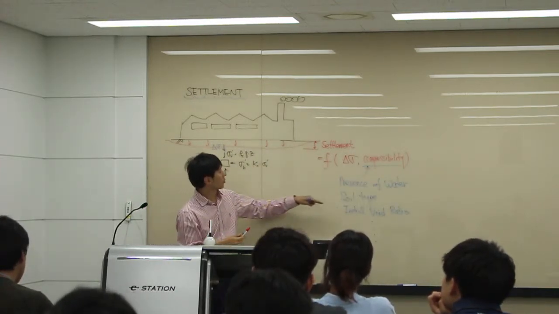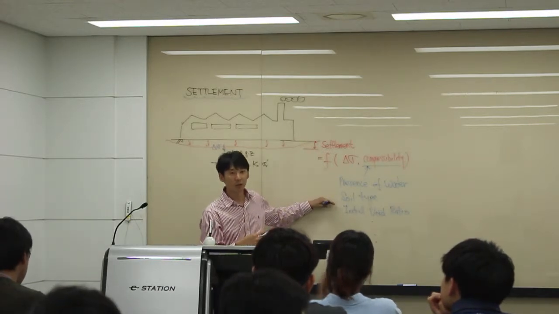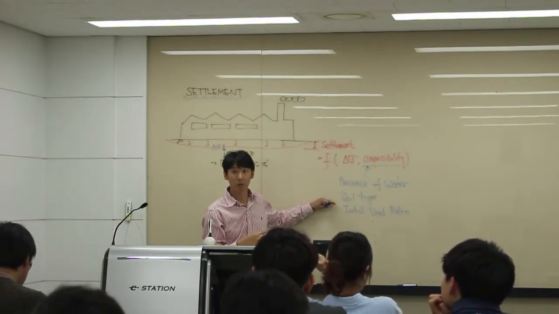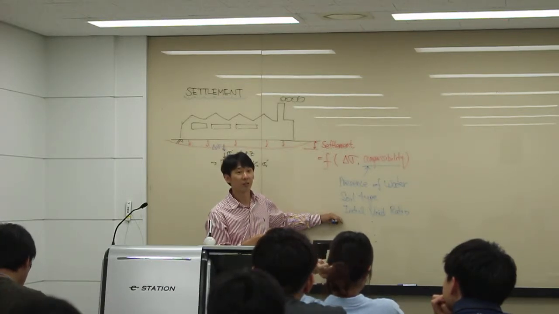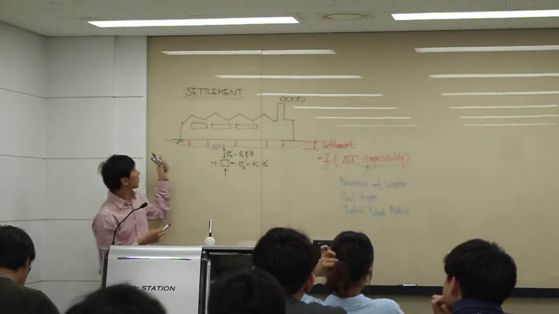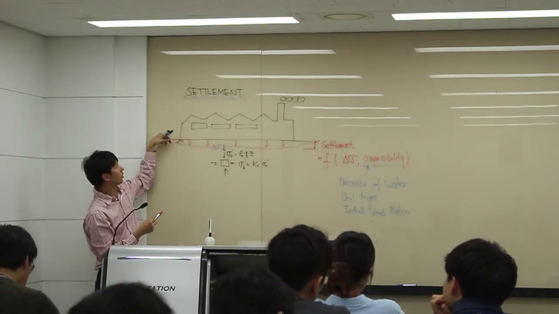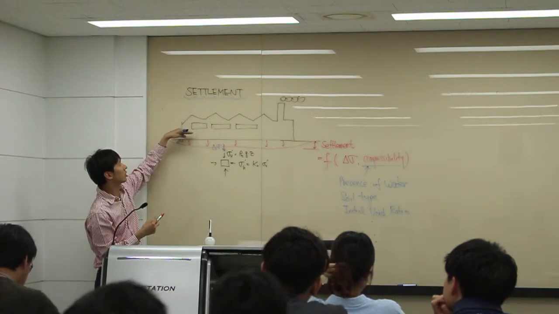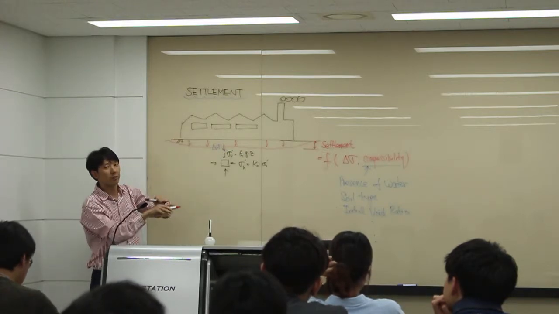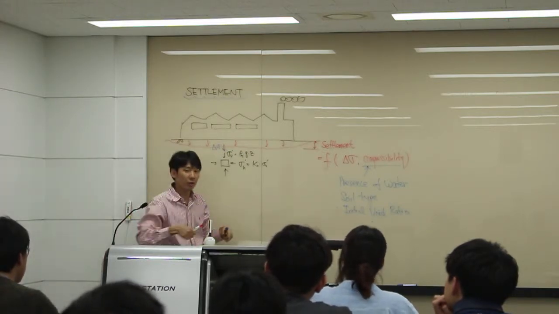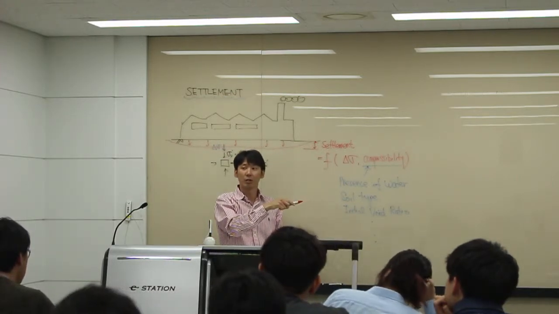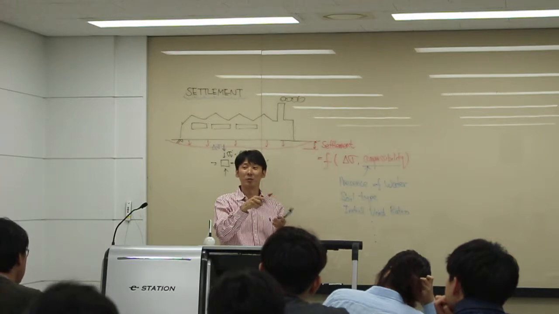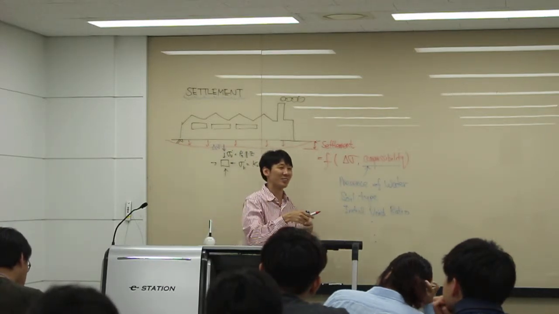And for the soil type, if you have more clay content in the soil, then it's going to be more compressible. Right? Initial void ratio: how well it's compacted. Surely they're going to compact it prior to the construction, right, to make it flat. So they're going to compact it with the compactor, and depending on the dry density and relative compaction, if you remember the definition of relative compaction, what's the definition?